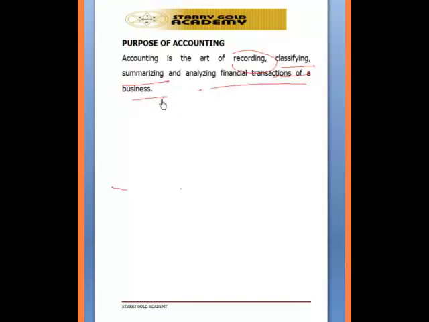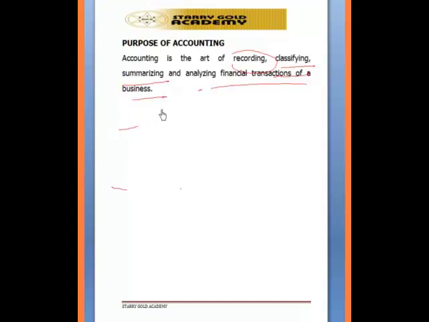Accounting transactions are classified into related groups or categories. The transactions can then be recorded in the books of original entry. So, not only recording, we classify these transactions into various categories as established earlier on.